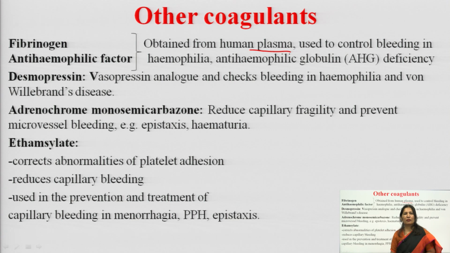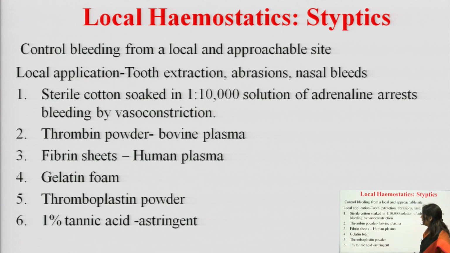Adenochrome monosemicarbazone and ethamsylate correct abnormalities of platelet adhesion and are used in the prevention and treatment of capillary bleeding in menorrhagia, postpartum hemorrhage and epistaxis. So, those were the coagulants that are used systemically.